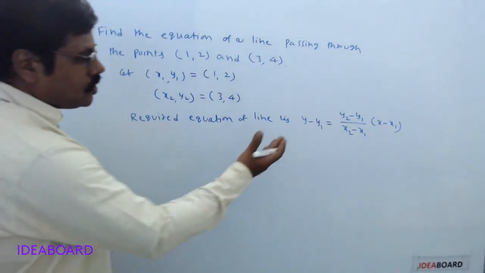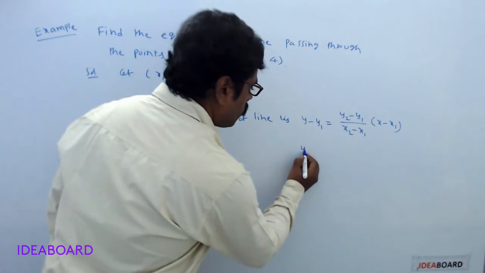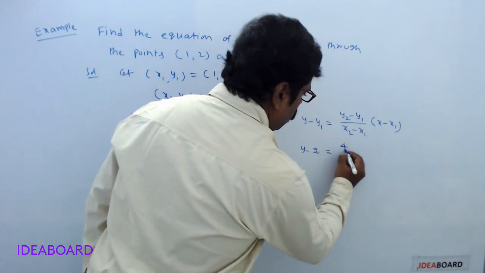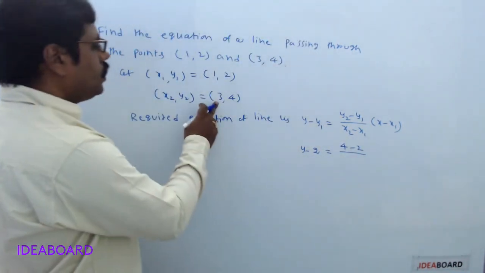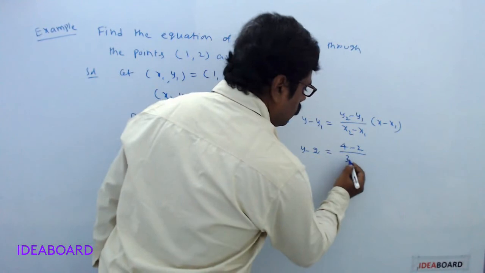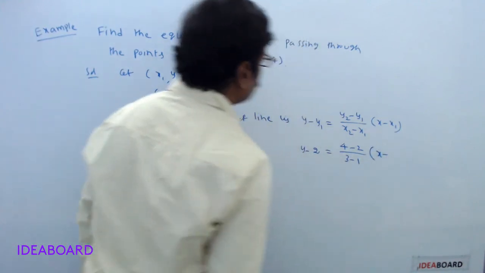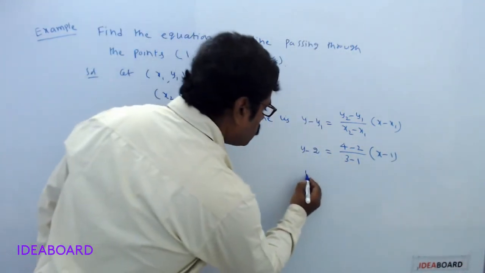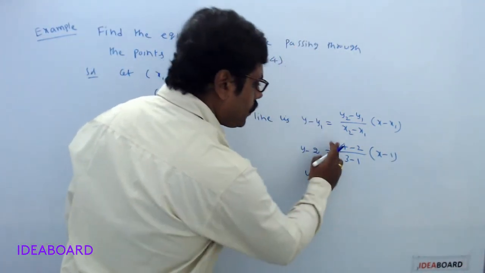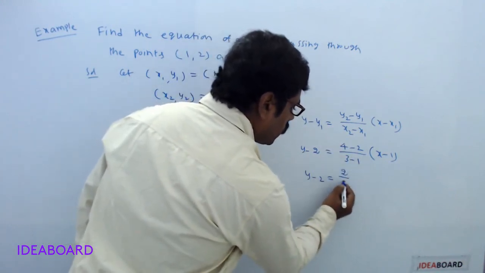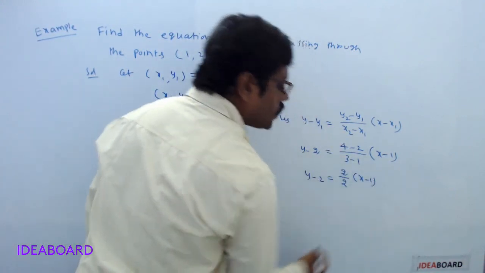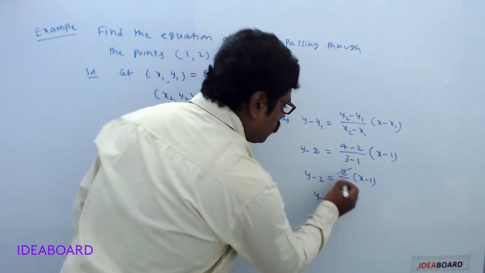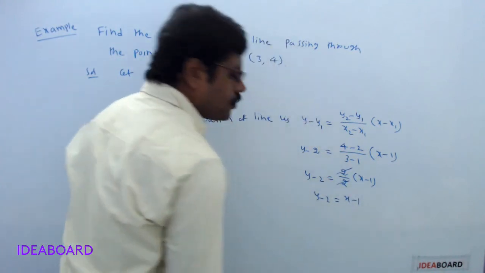Substitute the corresponding values in this formula. y minus 2 equal to 4 minus 2 divided by 3 minus 1 into x minus 1. Now it is y minus 2 equals 2 by 2 into x minus 1. Now y minus 2 equal to, here 2 will be cancelled, x minus 1.